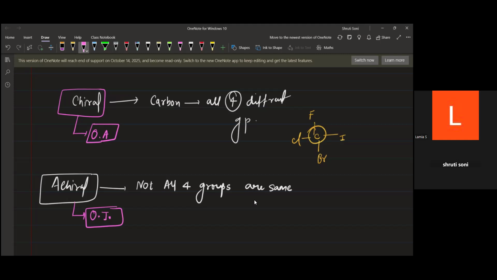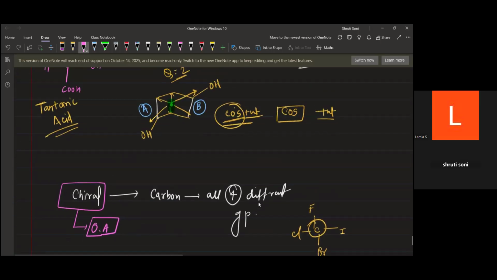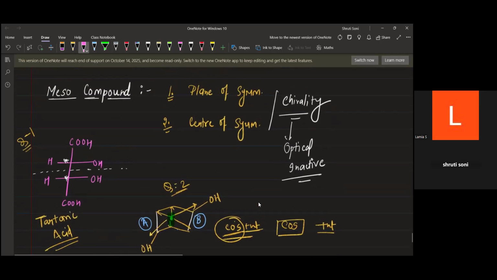Yeah. Okay, so now see meso compound. Is a meso compound optically active or inactive? Meso compound is inactive. Does it have a chiral carbon?